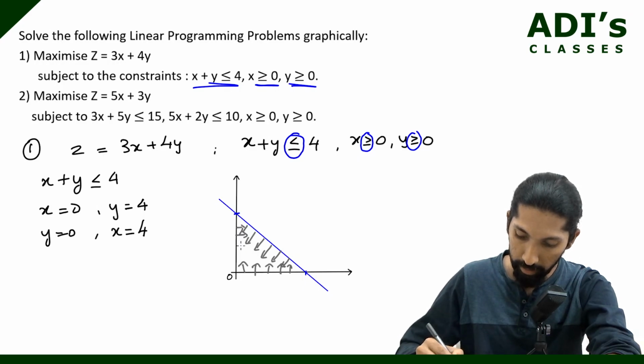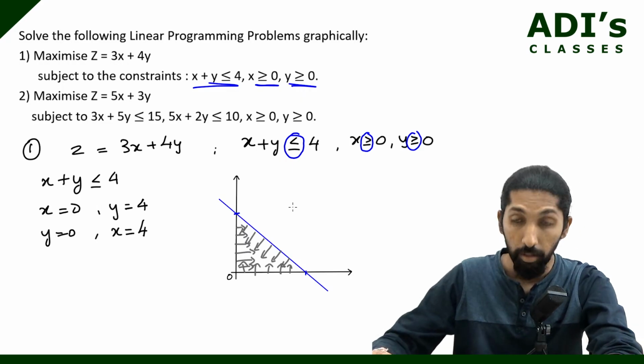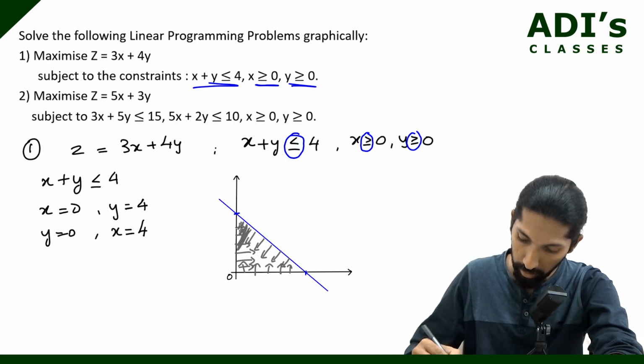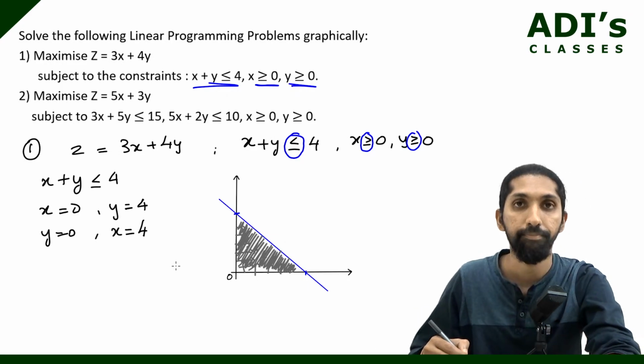And y greater than 0 is this area. So, what do we get here? If you take all of it together, this region is the region that is required, isn't it? See this region. Now we call this the feasible region, if you remember.